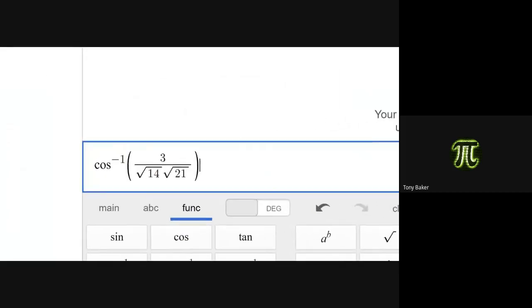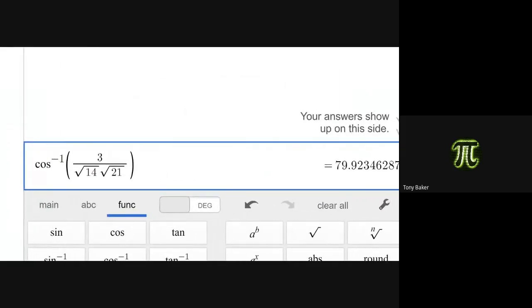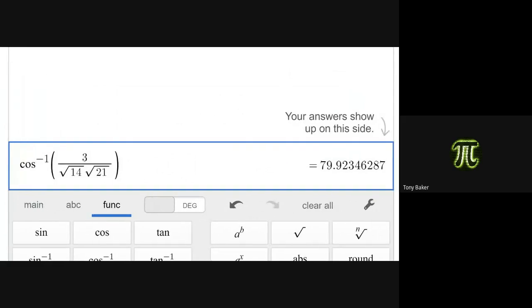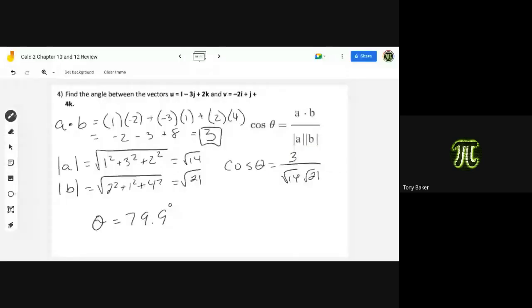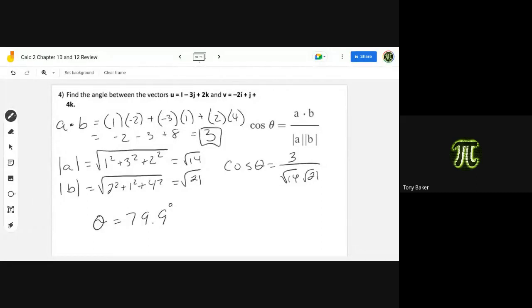I typed it in literally just like that. So we get 79.9. So the angle is 79.9 degrees. And when you're looking for the angles for these, you want it in degrees, not radians.